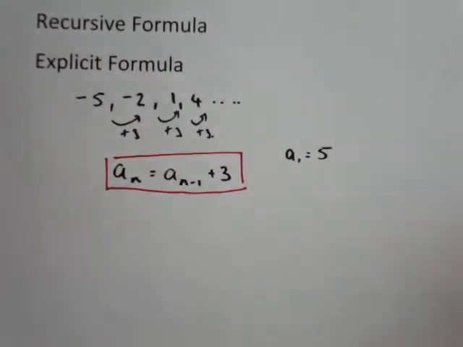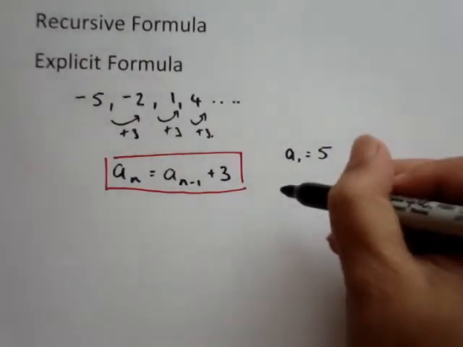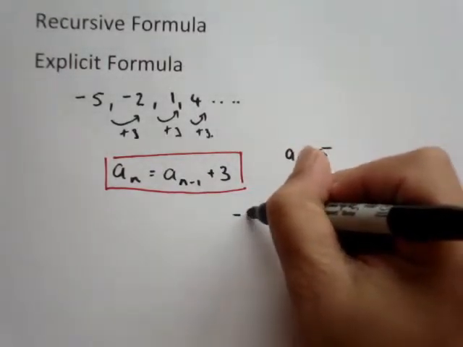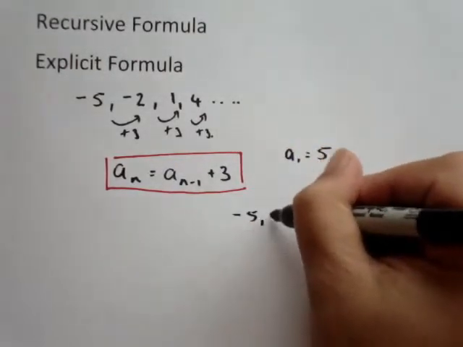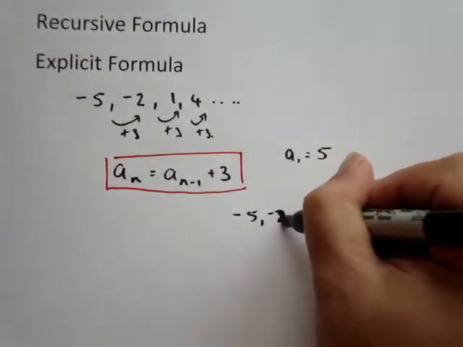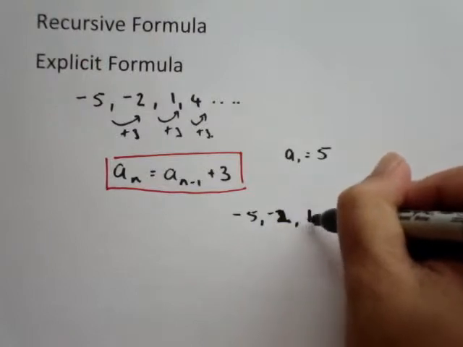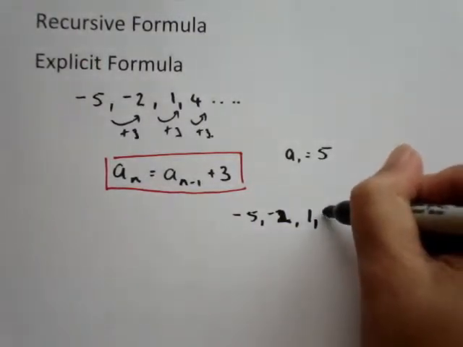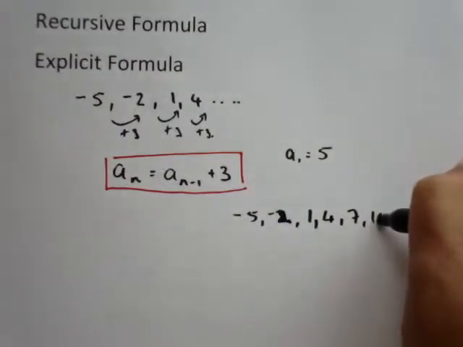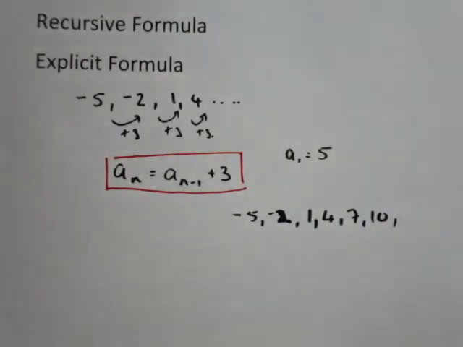So we have minus 5, minus 2, which is another plus 3, 1, 4, 7, 10, and so on until we find the term that we're after.